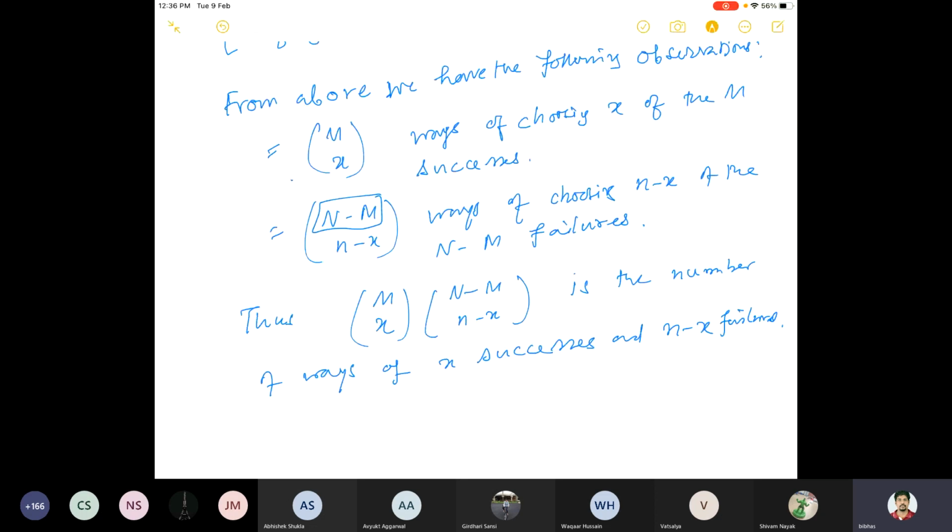Okay, this is my first observation, observation 1.